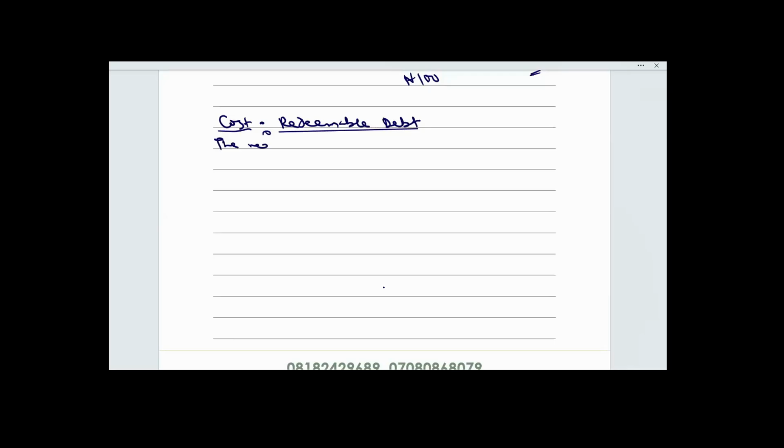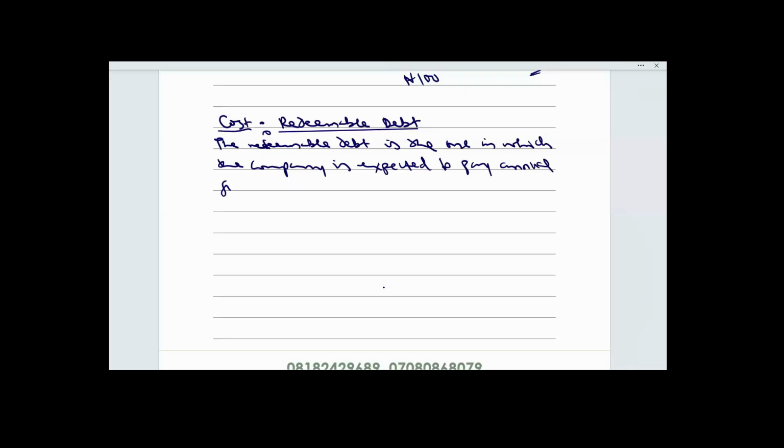The redeemable debt is the one in which the company is expected to pay annual fixed interest and the principal at the maturity date.